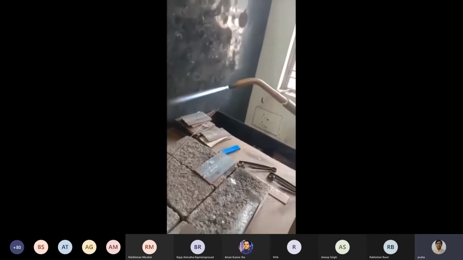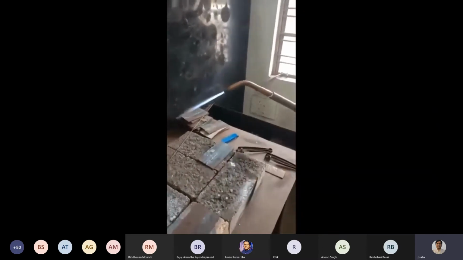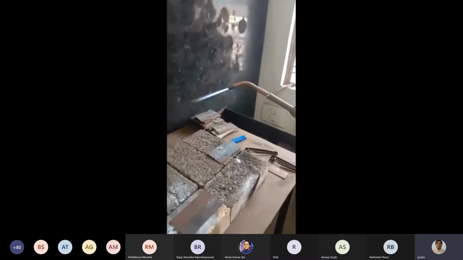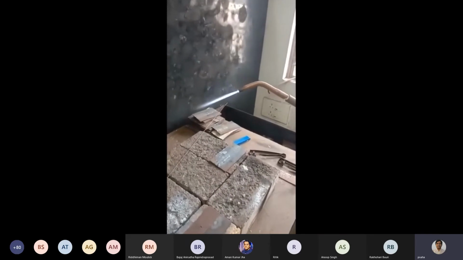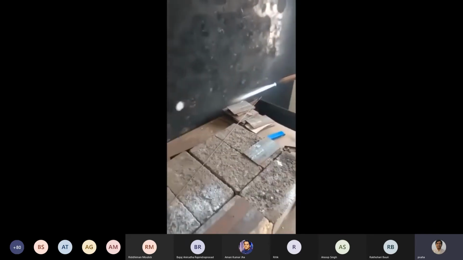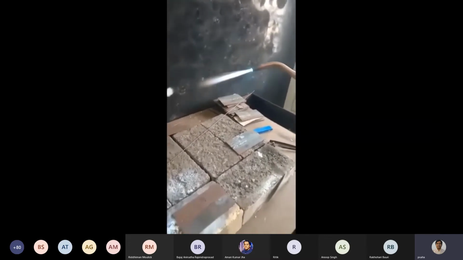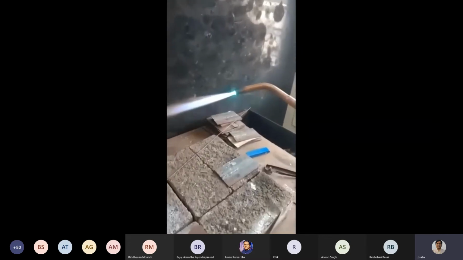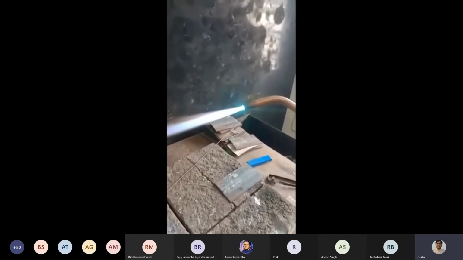The oxidizing flame is generally used for cutting purposes. In this flame the temperature is the maximum in gas welding, about 3500 degrees centigrade. Now, by decreasing the oxygen again, I am coming back to the neutral flame, and I will use the neutral flame for mild steel welding.